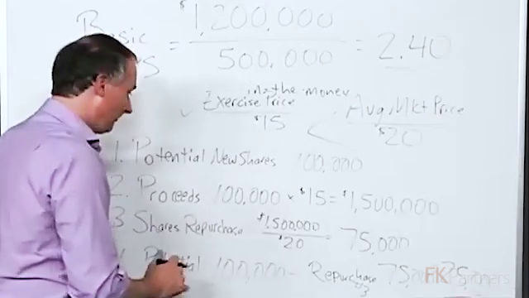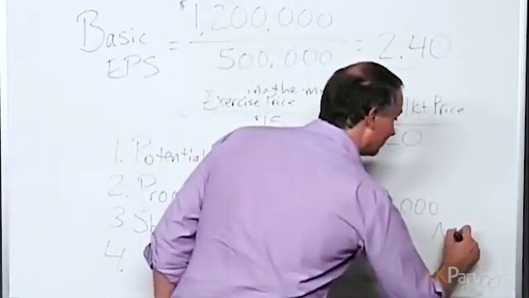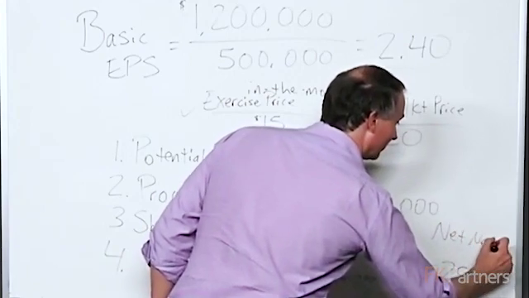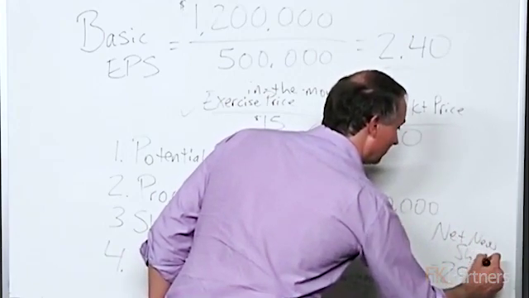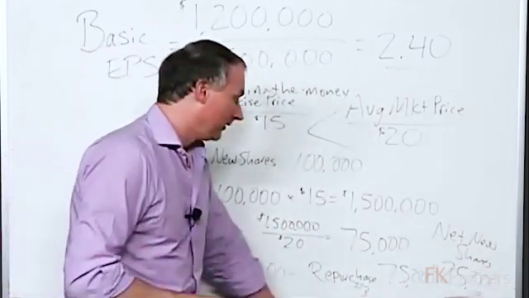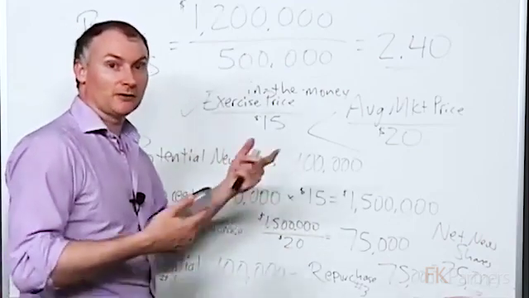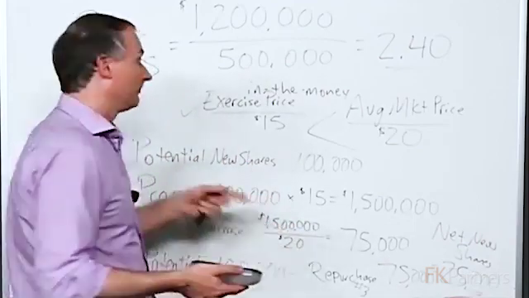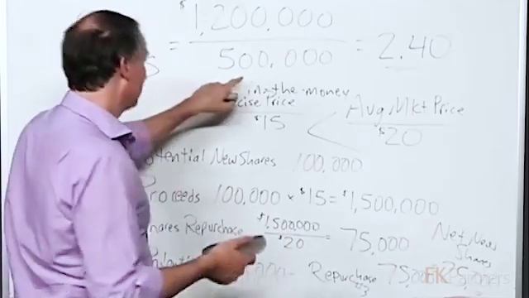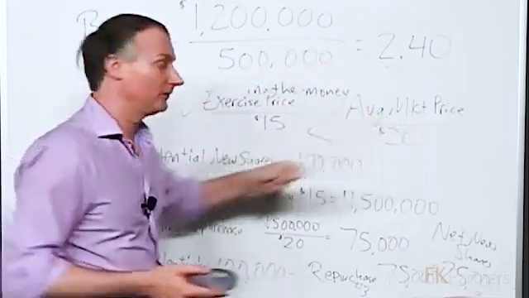So step four is calculating, I'll write it over here, the net new shares that will be added to the shares outstanding. Now remember, we already started with an earnings number of 1,200,000 and basic shares outstanding of 500,000 to get to an earnings per share of $2.40.